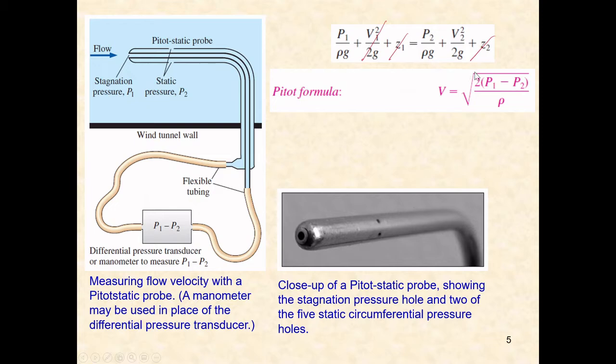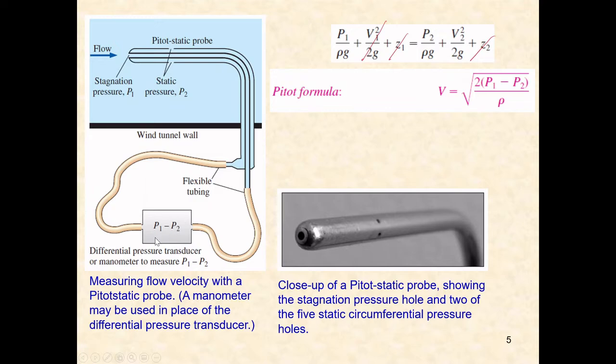You take the square root, and V2 will be given by P1 minus P2, with the density of the liquid flowing in the system, and you can estimate the velocity.